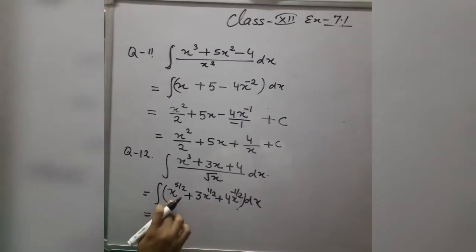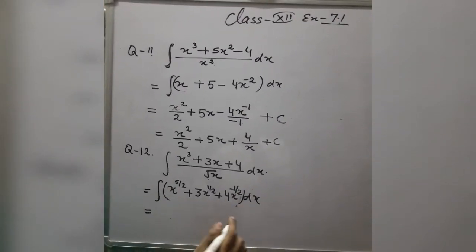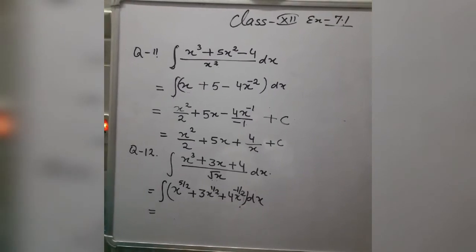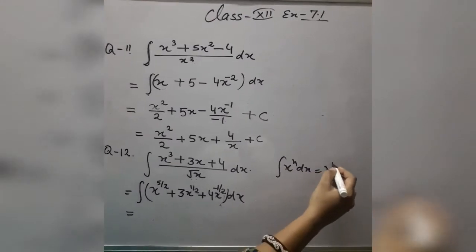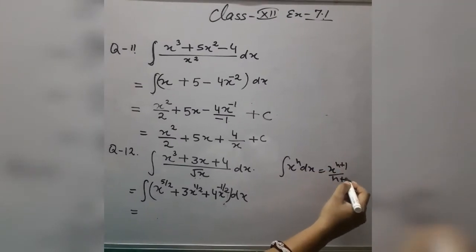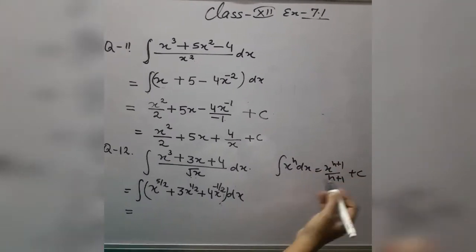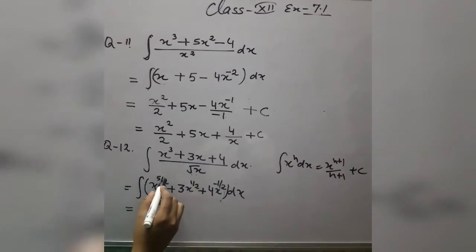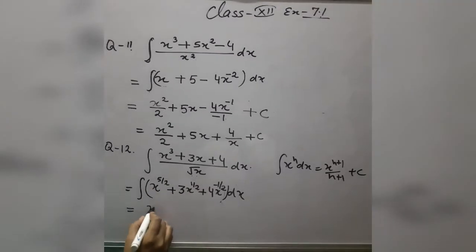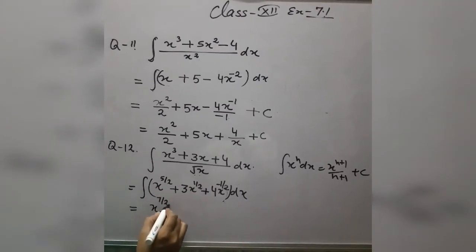Now in the next step we will integrate it, again using the same formula: integration of x raised to power n is x raised to power n plus 1 divided by n plus 1. I am writing this formula again and again so that you learn it. X raised to power 5 by 2 plus 1, when you add 1 it becomes x raised to power 7 by 2.